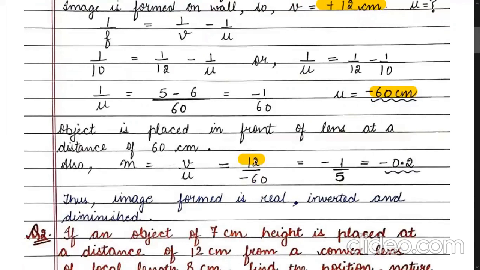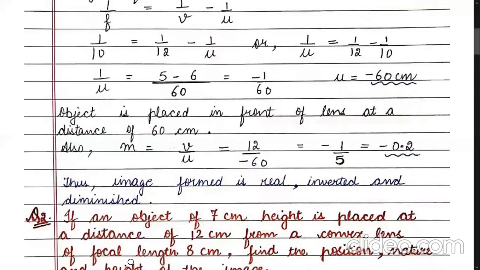If you put the values of v and u, our answer comes minus 1.5. Students, you are not supposed to leave the answer in fraction. You have to find the answer at least up to 3 decimal places. So 1 by 5 is written as minus 0.2.